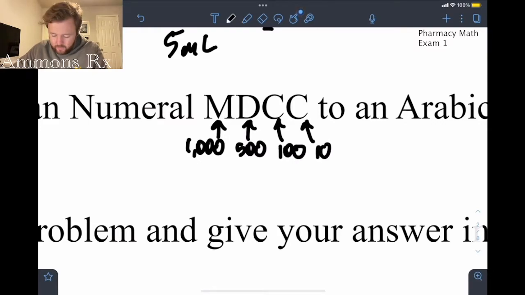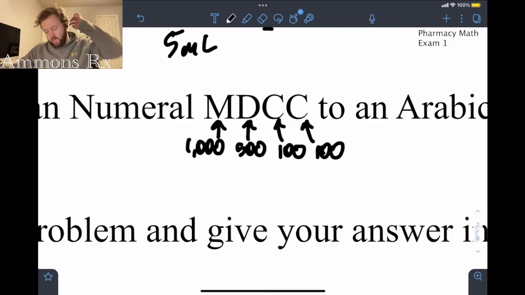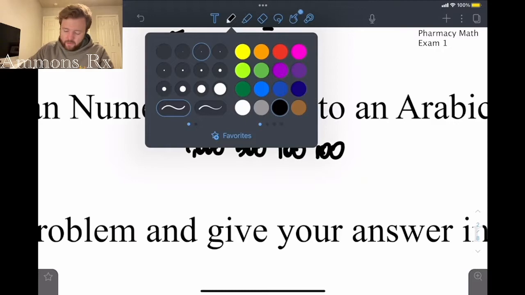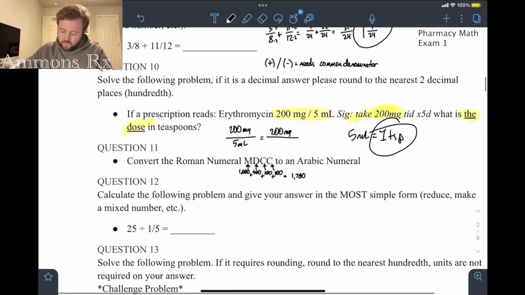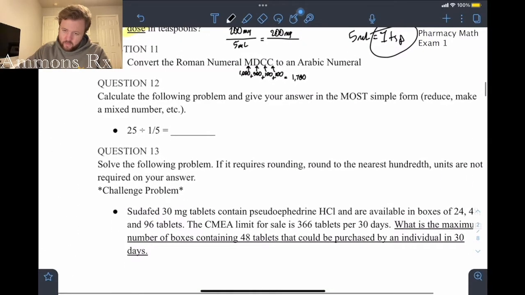This is 100. Okay. So all that means is because they're in sequential order, they are from greatest to least. I don't have to do any subtraction or anything. I'll just add them all together. So that is, what is that, 1,700? Okay.